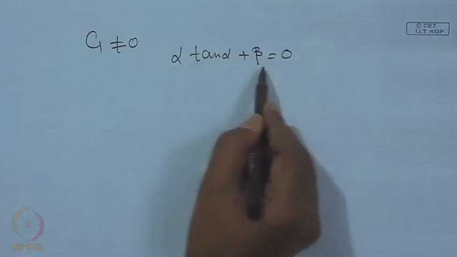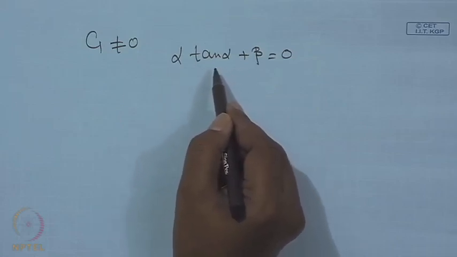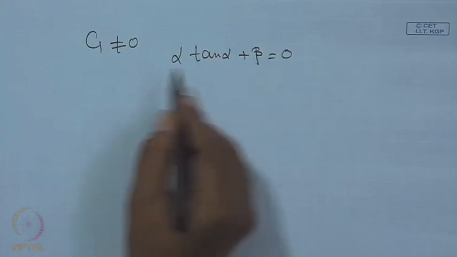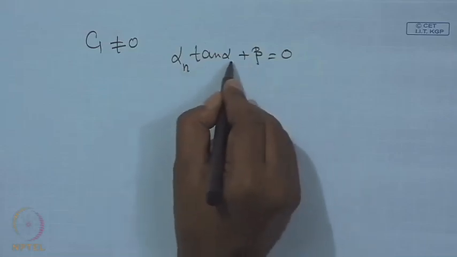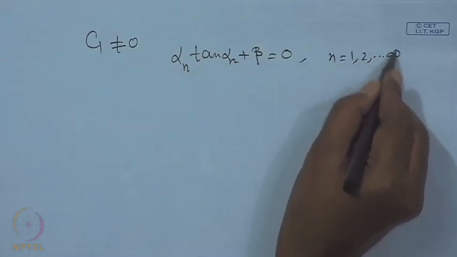So, this equation has infinite number of roots, each and every root is an eigenvalue of the particular problem. So, we denote the root by n. So, the index n runs from 1 up to infinity.